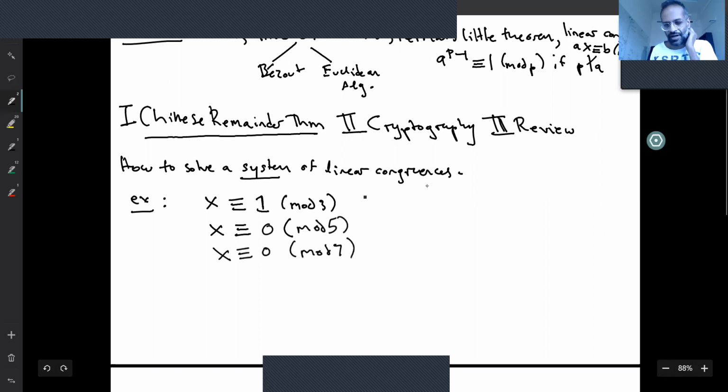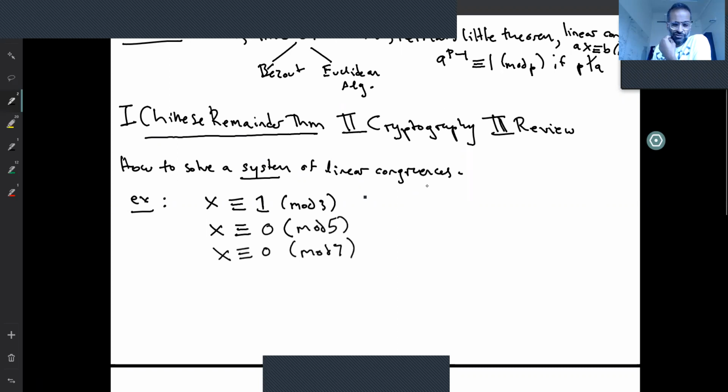There's a reason why I'm looking at this 1, 0, 0, but this is a particularly simple system of congruences modulo different numbers, which in this case all happen to be prime. So I'm looking for a number that's divisible by 5 and 7 and has a remainder of 1 modulo 3.